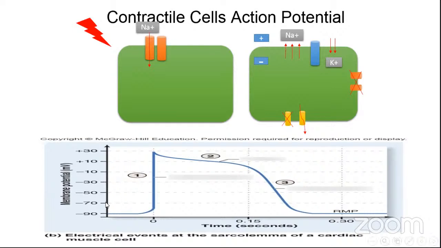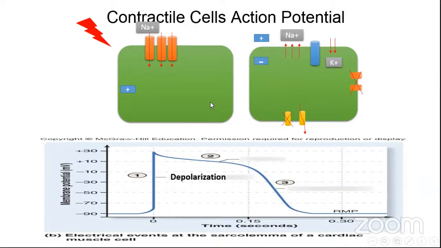And once it hits negative 70, which is the threshold, the rest of the sodium channels open up and sodium rushes inside the cell. Figure out what that means. If all this sodium rushes inside the cell, the curve will shoot up, making the inside of the cell more positive, which was originally negative, and this is the depolarization.